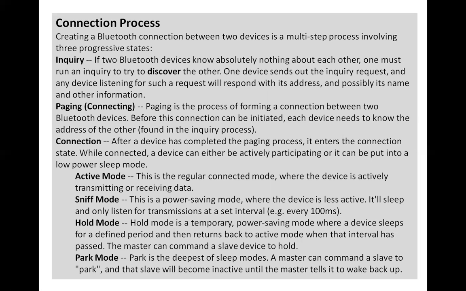Okay, and the last step is connection. After a device has completed the paging process, it enters the connection state. While connected, a device can either be actively participating or it can be put into a low power sleep mode.